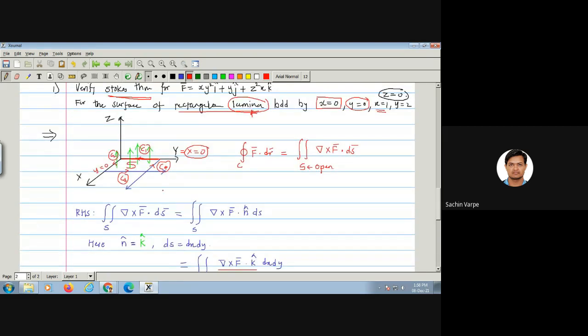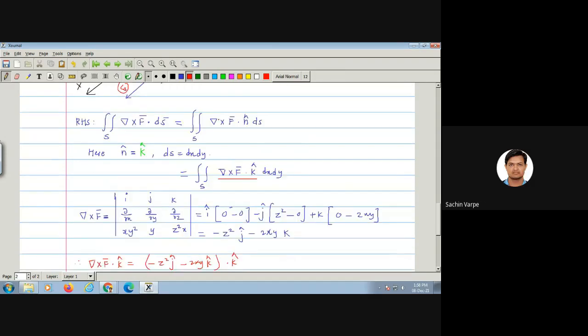Are you sure? y does not vary like that. Actually, our starting point is this. We have started from this because our direction is this. So then y varies from 2 to 0. Here the coordinates are (0, 2) and (0, 0). So y varies from 2 to 0. Is this clear? Yes. Is it clear to everyone? y varies from 2 to 0.